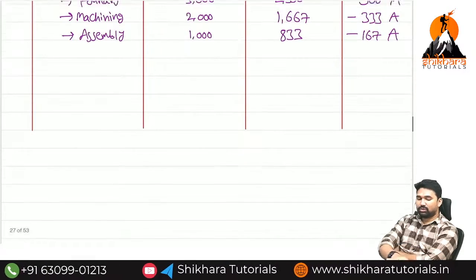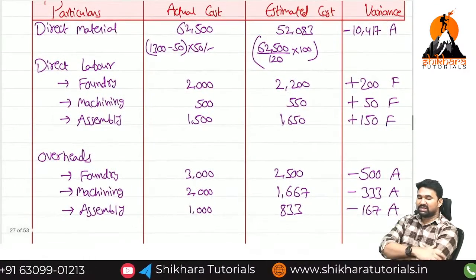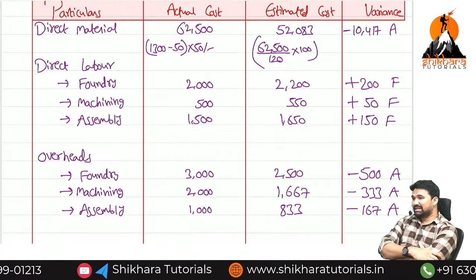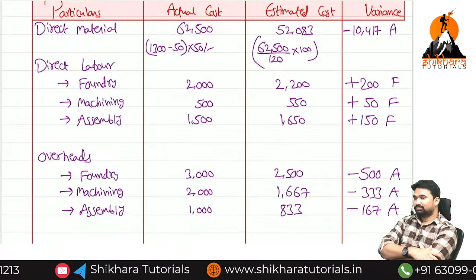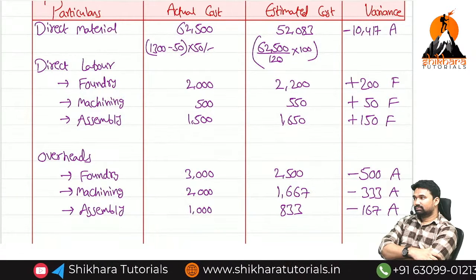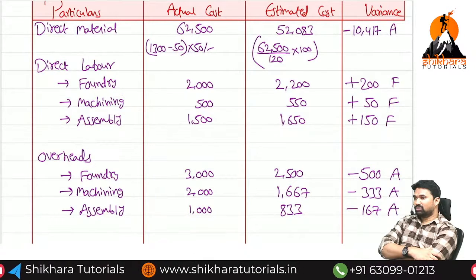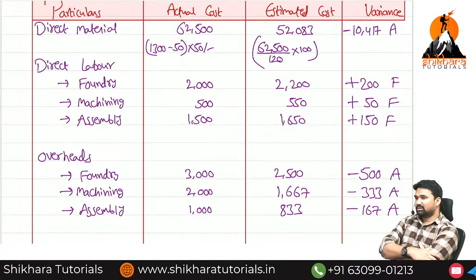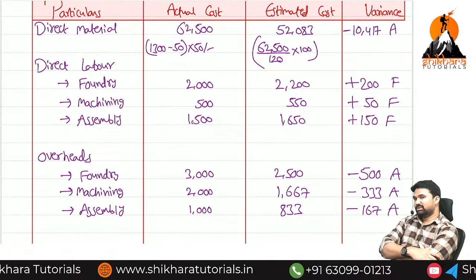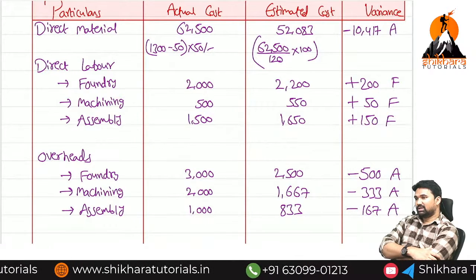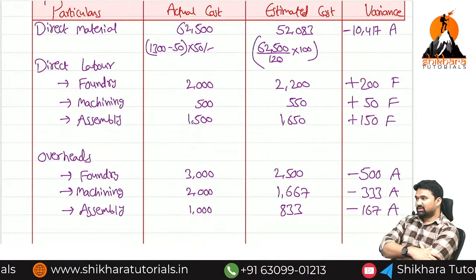Clear? So do you really understand adverse variance and favorable variance? When will the A sign be used? Over expenditure or under expenditure? Over expenditure, very good. Actual cost is more than estimated cost.